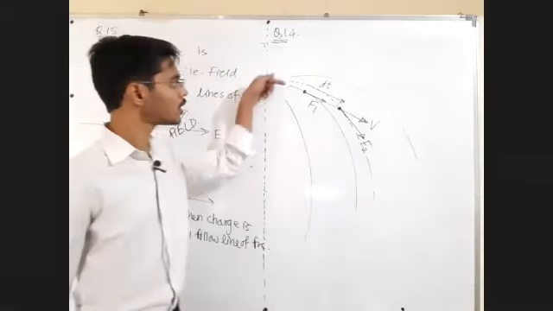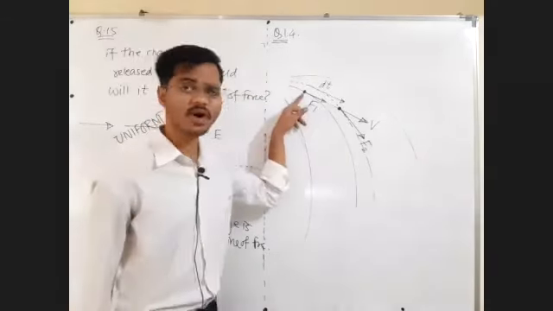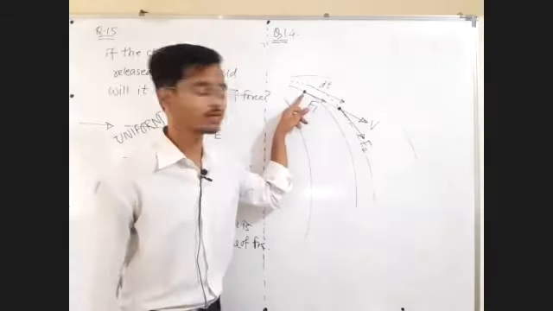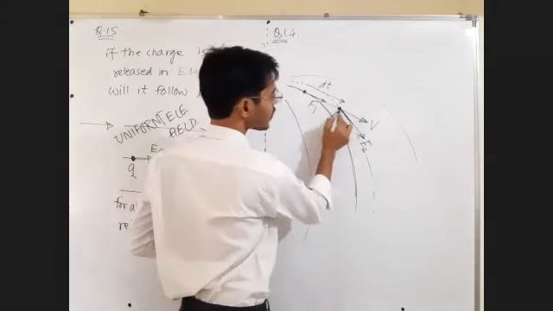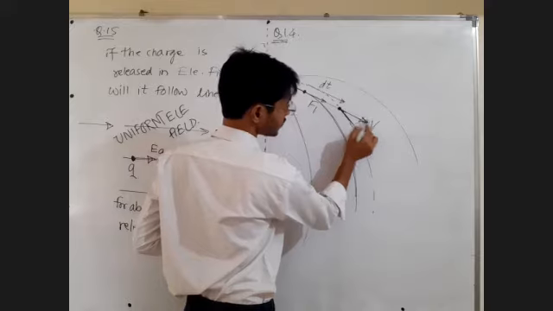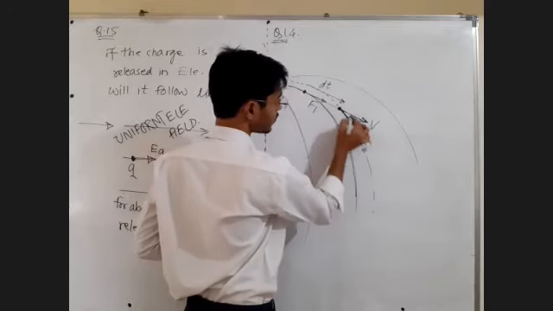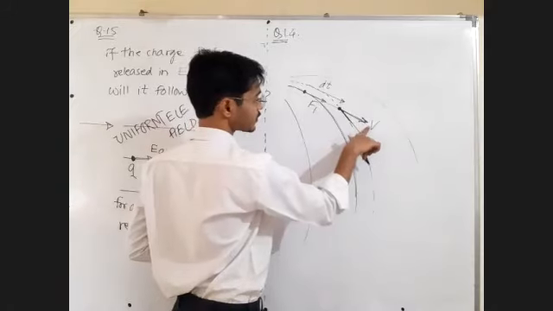Okay. Now you people tell me. Initially, the particle was on this line of force. Now this force is on another line of force. This velocity has some different direction.